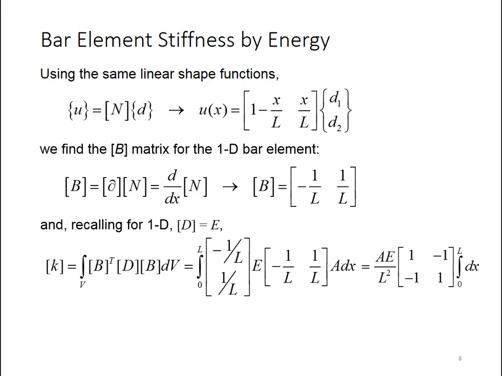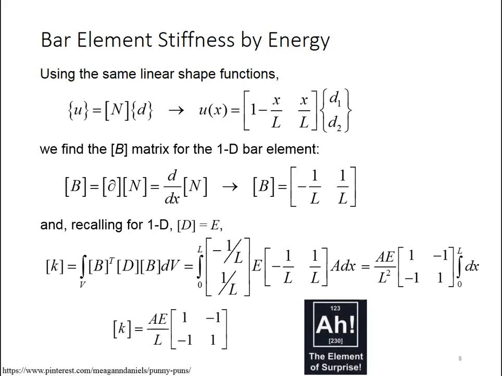We evaluate the integral, very simple now. So it's just going to give us an L, which will cancel one of the L's at the bottom, and we get that K is equal to AE over L times 1, negative 1, negative 1, 1. Exactly the same thing that we had from equilibrium. So the energy method works in this particular case, and we will see that it works rigorously on all of the other element types as well.